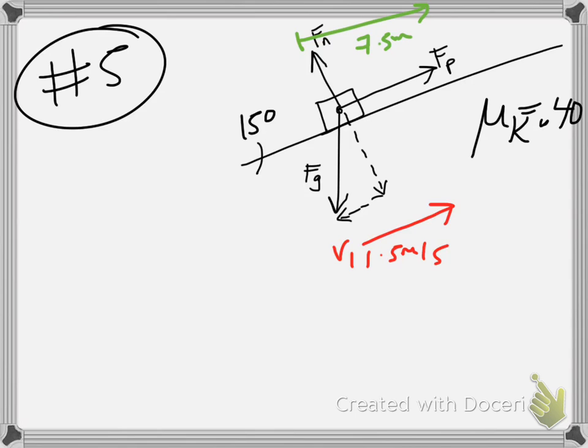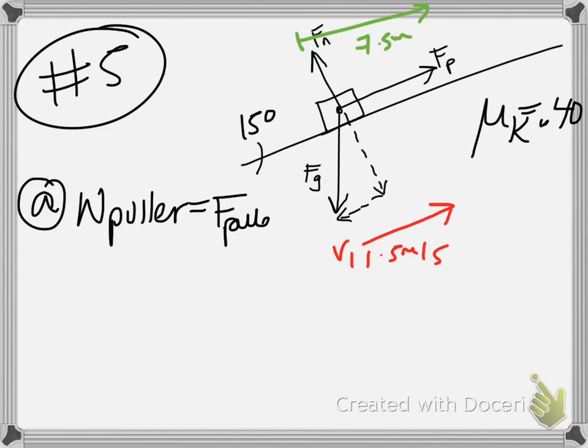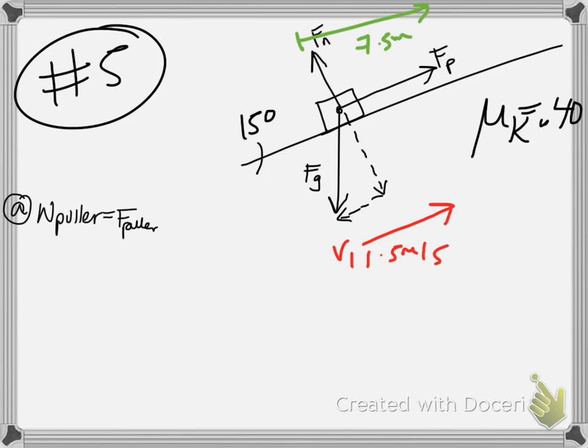So the first 3 pieces really are just designed to get you thinking in these terms and then to show you a trick. So work of the puller equals the force of the puller times d cosine theta, where theta is the angle between the force and the motion.